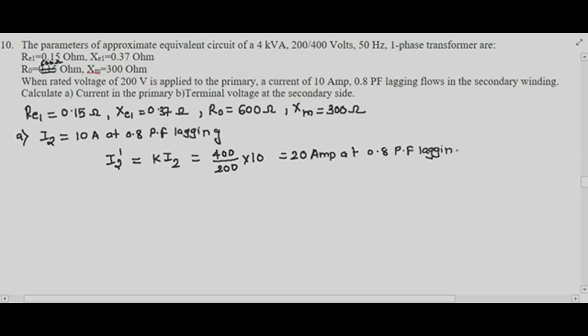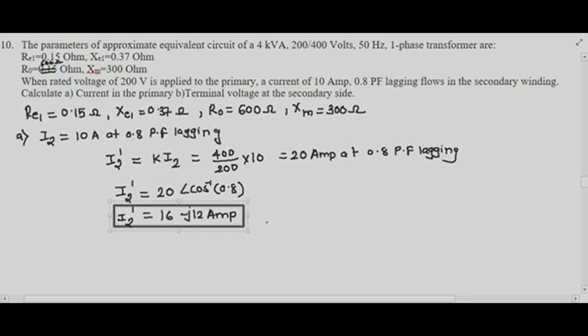So in polar form I can write I2 dash equals 20 at an angle of cos inverse of 0.8, or I can write I2 dash in rectangular form as 16 minus J12 ampere.